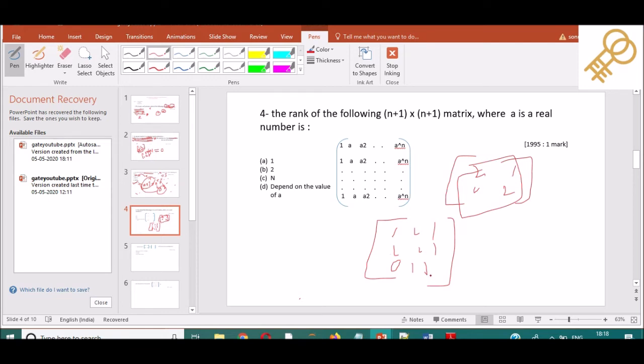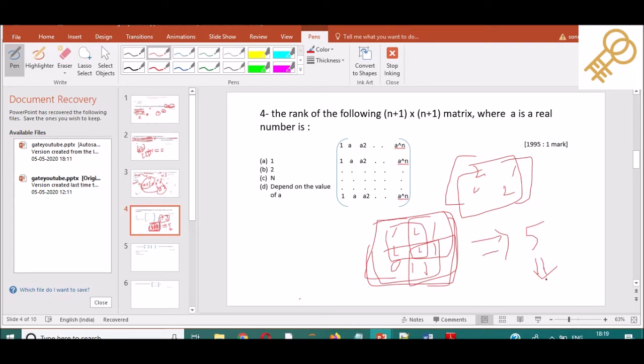You'll be getting 2 cross 2 matrices: this is the first 2 cross 2 matrix, this is the second, then the third, and the fourth, and one 3 cross 3 matrix. You are getting 5 matrices. So all of them have to be checked, and if any matrix gives a non-zero value of that order, then it is for sure that that order will be the rank of the matrix.